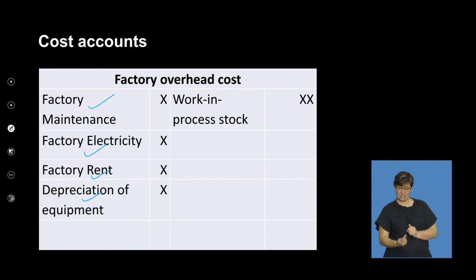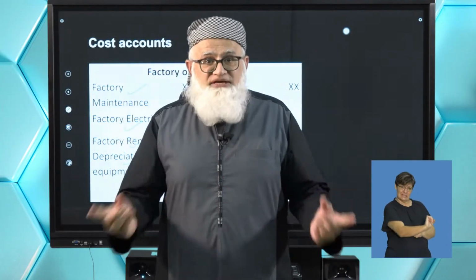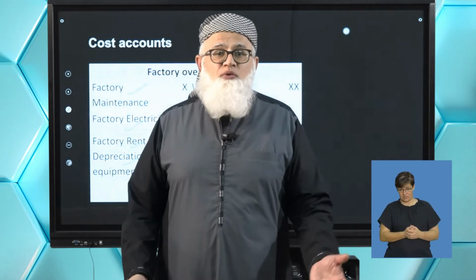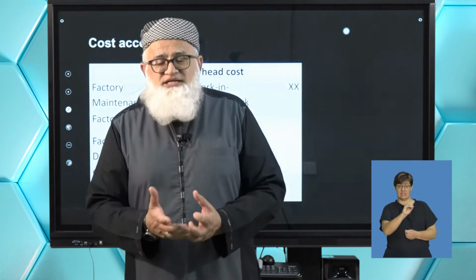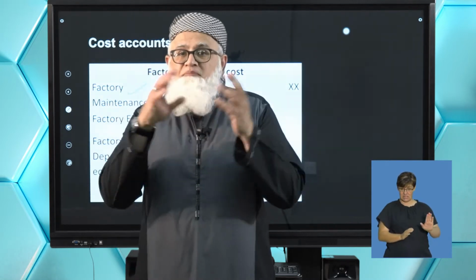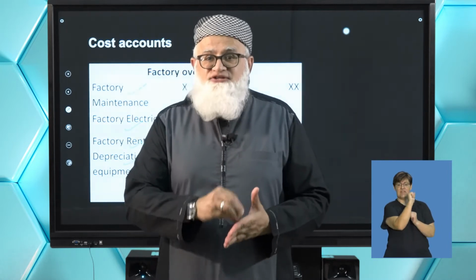In this particular cost component, namely your factory overheads, you only bring in the cost of the factory. So if you are given the total cost of the rental, you must apportion it in terms of whatever information you have. In other words, if you are told that the factory occupies 50% of the floor space, then whatever amount you've paid, 50% of that will go into my factory overheads.